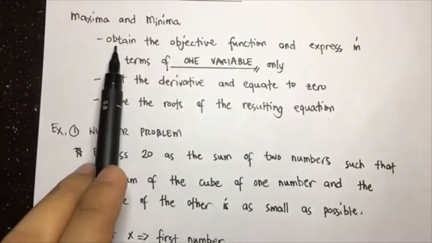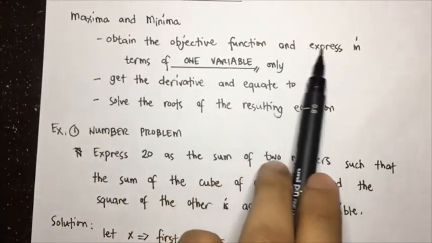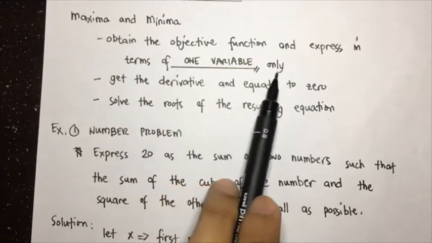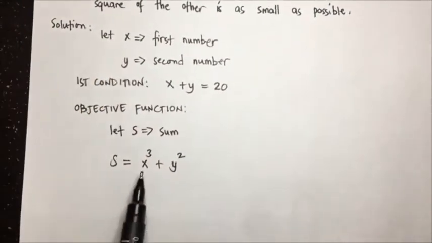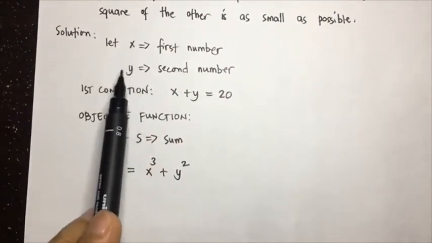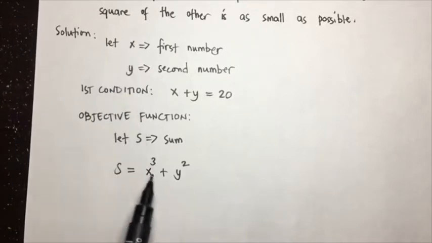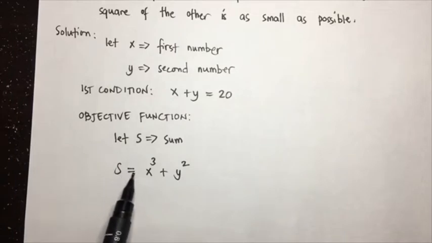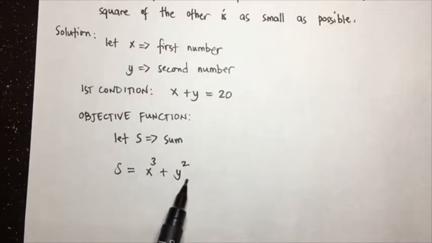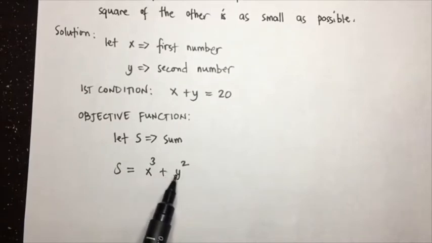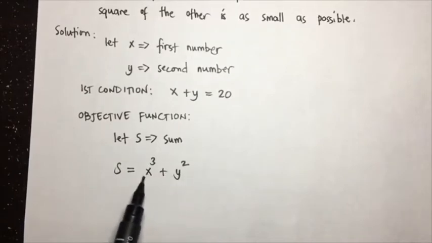From our steps earlier, we express it in terms of one variable only. As you can see here, we have two variables, x and y. So we have s as a function of x and y. We need to express it in terms of one variable only, either x or y.